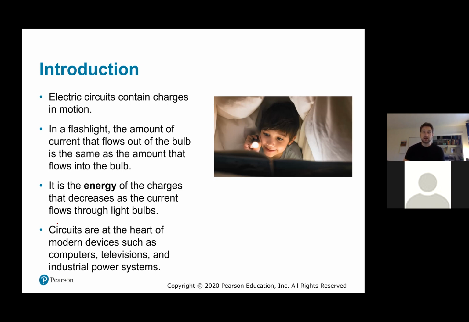It wasn't too long after realizing that if you braid a glass rod with silk, it has a particular behavior, that we started to say, well, can I do something with this? Now that I have these charges stacked up on this glass rod, is there something useful I can do with that? And here's where we start that.